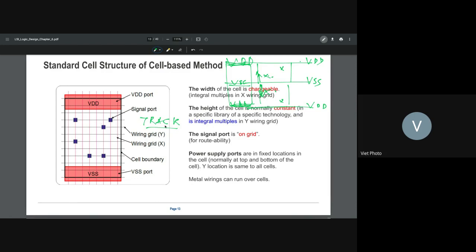So let's say you have this one here as the wiring grid. If the wiring grid goes this way, then the cell width will be a multiple of that wiring grid. And the height will be a multiple of the wiring grid on the Y-axis too.